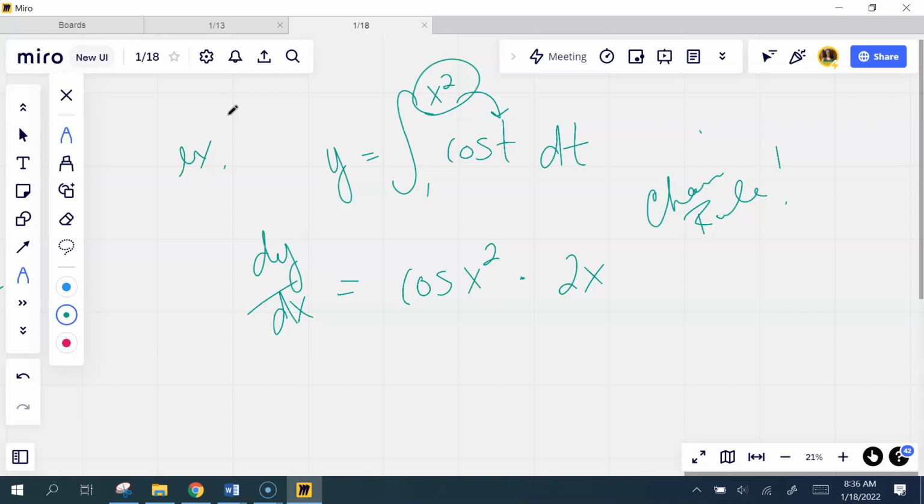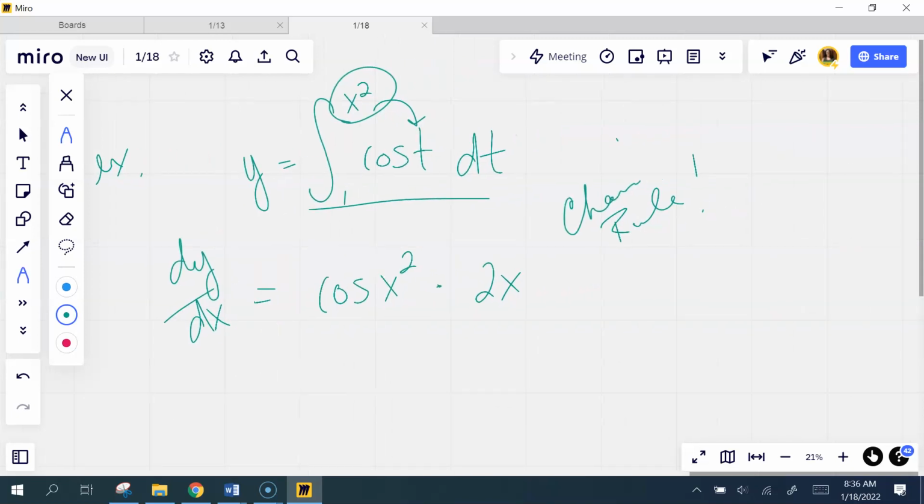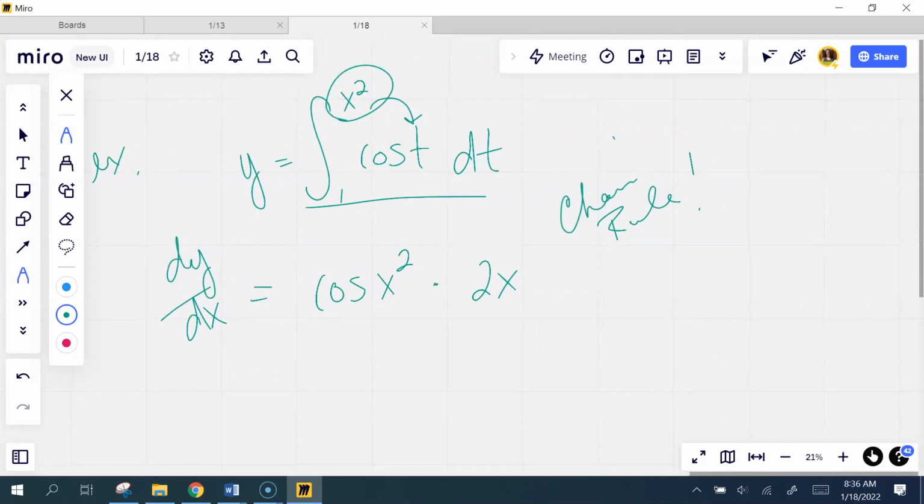If you did it all out and you went step by step and you found the antiderivative here, the big F of x, and then you plugged in 1, and then you subtracted, and then you found the derivative. You want to do one like that so you can see what happens? Let me do one because it might clear things up. What's the antiderivative of cosine t dt?